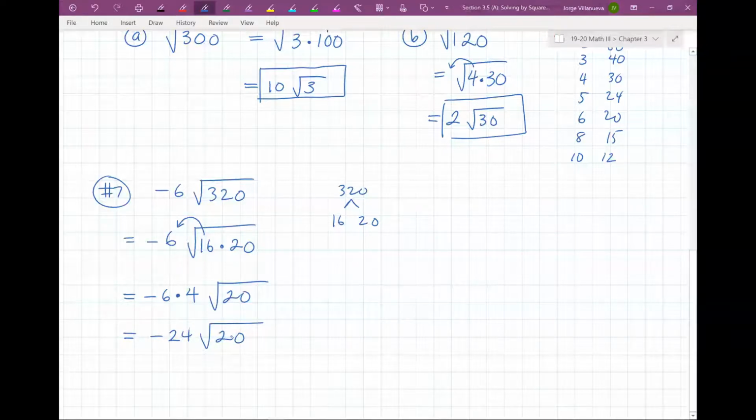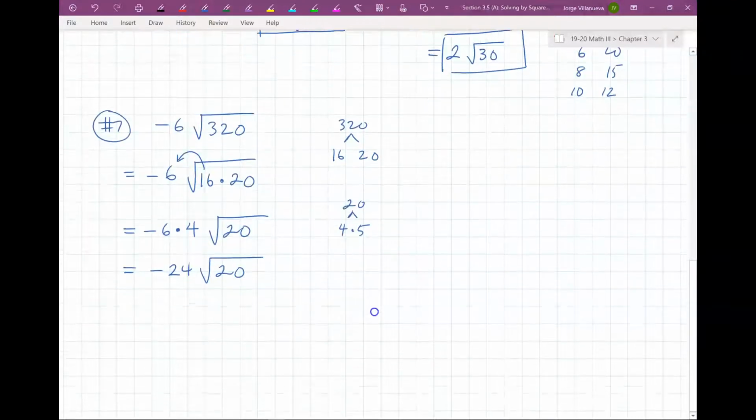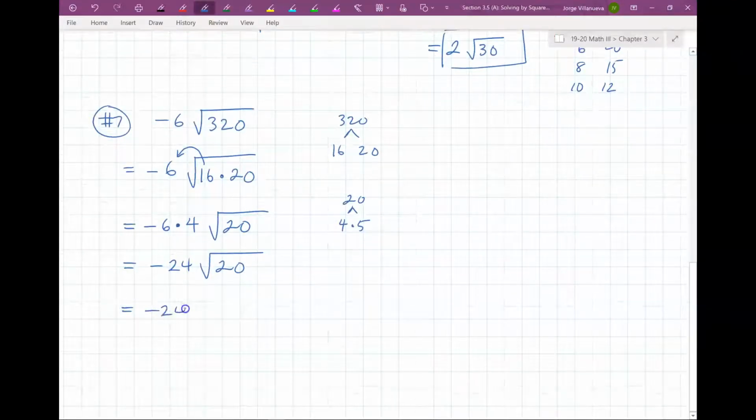Now, anytime you take a square root and you fix it, you always got to go back and check if you can reduce that other number anymore. Well, 20, I can actually rewrite it as well. 20 is 4 times 5, right? So let me get that square root and rewrite it as square root of 4 times 5.